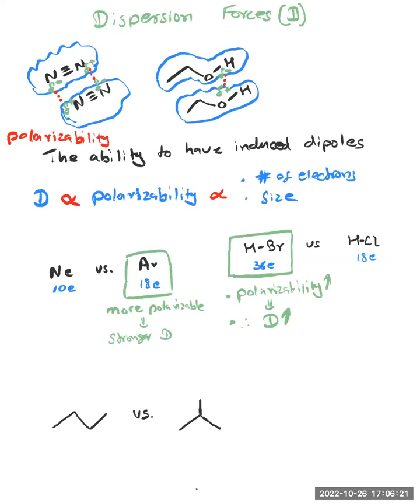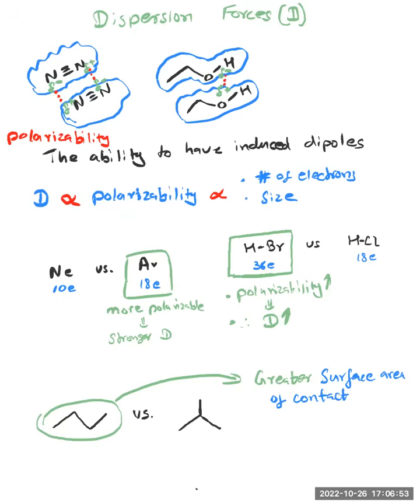Now again, to summarize, if you compare these 2 molecules, let me try to write here. This molecule over here will have a greater surface area of contact, and as a result, it's going to have stronger overall intermolecular forces.